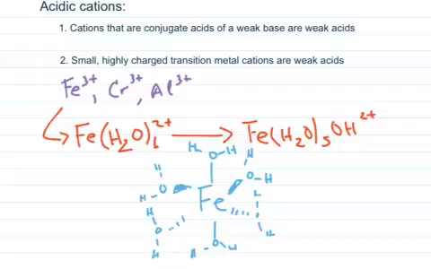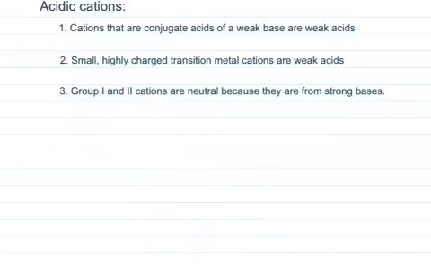Just like that. Alright, let's get to the next step. Number 3, group 1 and group 2 cations are neutral because they are from strong bases. So for example, let's look at sodium hydroxide.